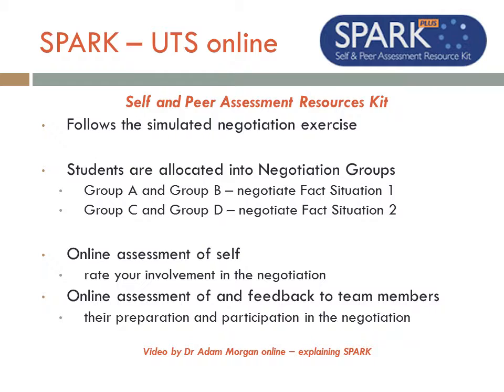So the first aspect you're going to do with Spark is rate yourself and how you have performed in the preparation and negotiation generally, and there are specific questions for you to answer and rate yourself, and you then rate your fellow students in your group. Following the rating, you then provide feedback to your team members on their participation and preparation in the negotiation.